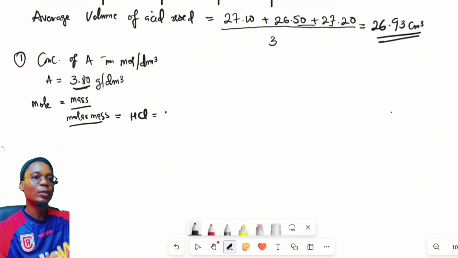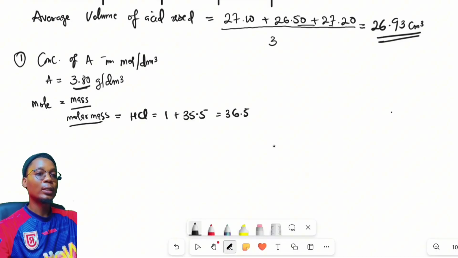That will give us 1 plus 35.5, which will give us 36.5. So we now substitute all this into this equation. So we are going to have mole is equal to 3.80 all over 36.5.